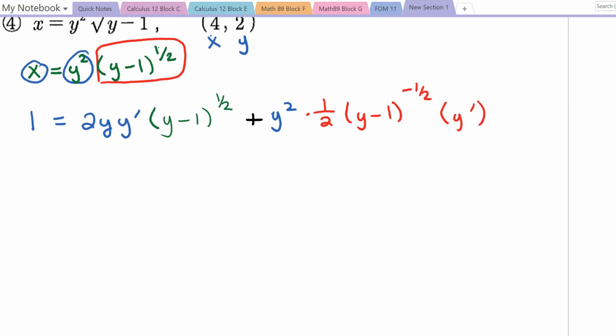Before we start substituting the values for y, let's go ahead and clean this up by changing all the powers back into radicals.